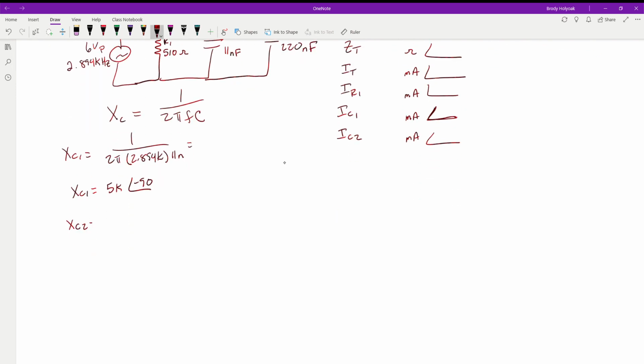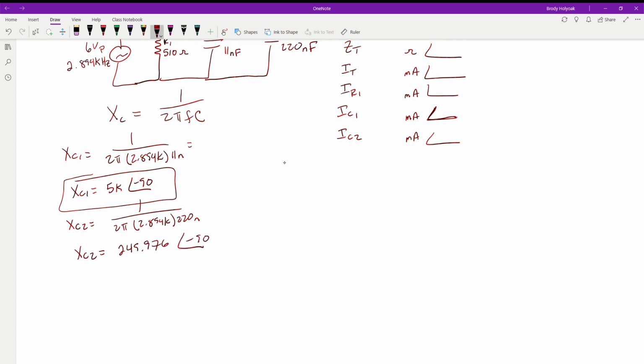X of C2 is 1 over 2 pi times 2.894K times 220 nano. So X of C2 is 249.976 ohms at negative 90. Okay, so that takes care of our first two.